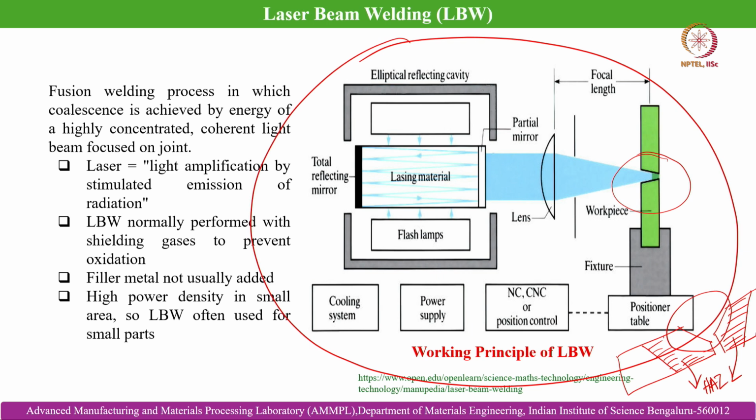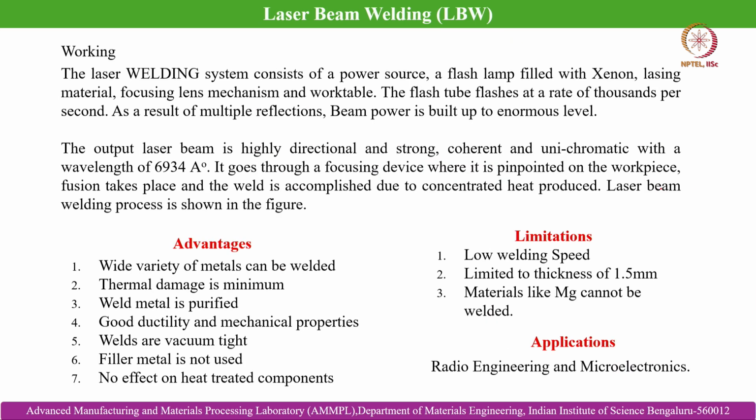And you can also see that there is not much need for filler metal assisted welding, because the high intensity laser beam heats up the immediate vicinity of the joint, and it is enough to draw out the liquid melt for formation of the weld pool and subsequent weld joint in a localized manner. So this is the brief schematic and overview of the laser beam welding process.